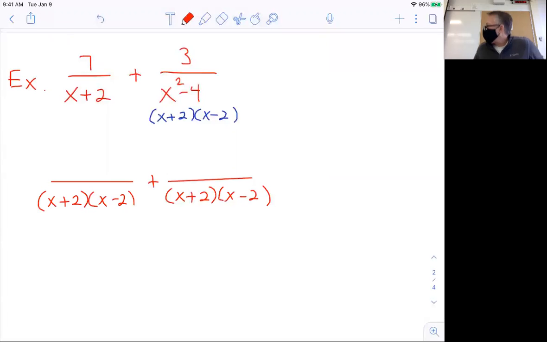And I guess kind of a common mistake is sometimes students think it's x plus 2 squared because there's one here and one here, but it's not squared. Okay, if you have the same term, you just use that term to the highest power of that term, but they're both to the first power.